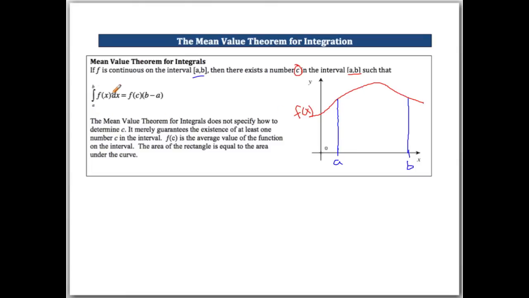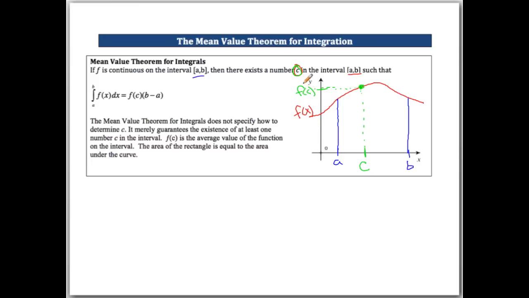Now what this is saying is that there is going to be some point, we'll just call that point c, some number c on this interval, such that the area is going to be equal to f at c times b minus a. So I just want to draw this straight up, and we get the point right here, and this y value right here is going to be f of c.